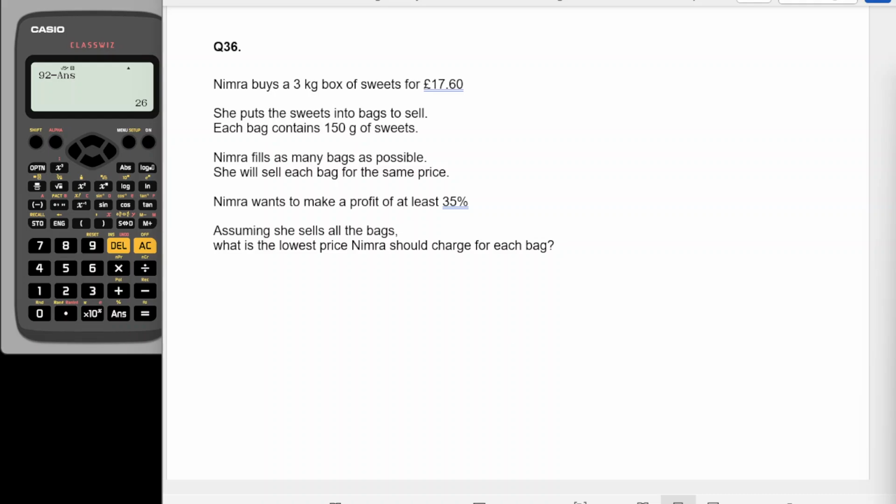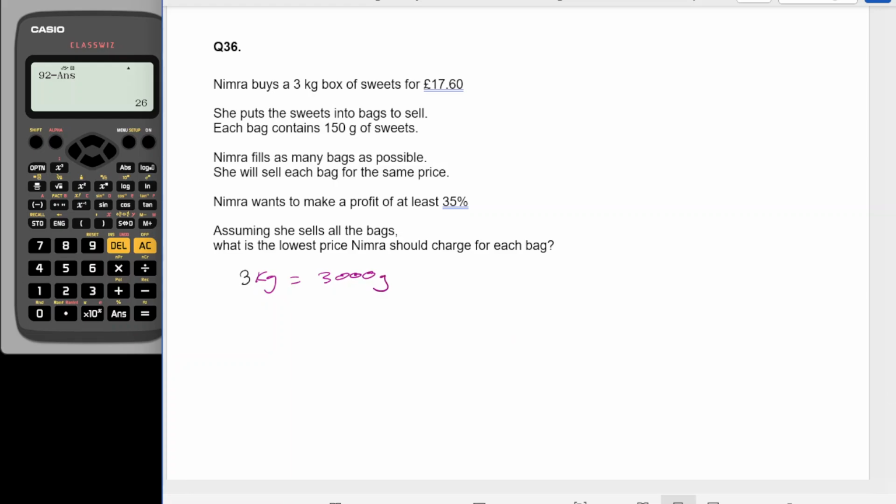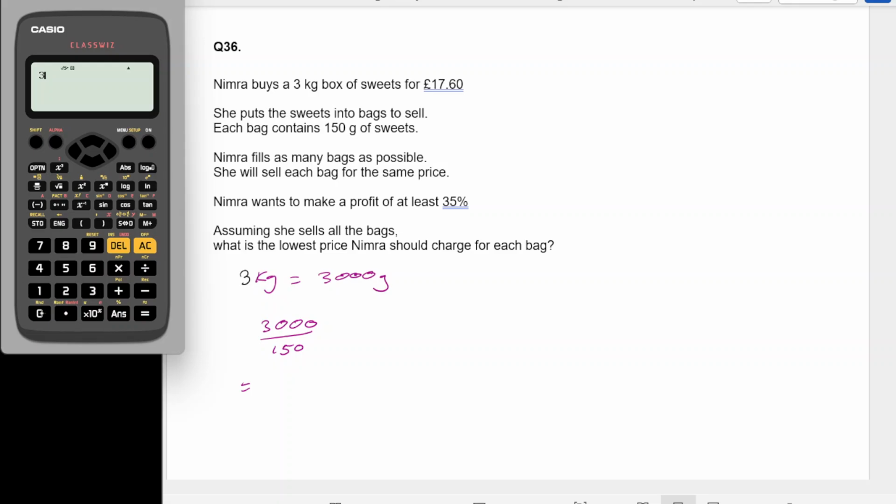Okay, so first of all, we're going to work out how many bags she should sell. 3 kilograms is equal to 3,000 grams. So 3,000 divided by 150, she's going to sell 20 bags. The next thing is she wants to make at least 35% profit.